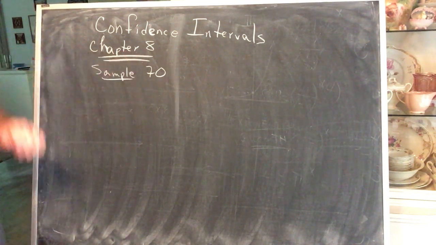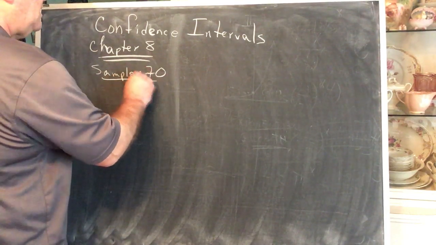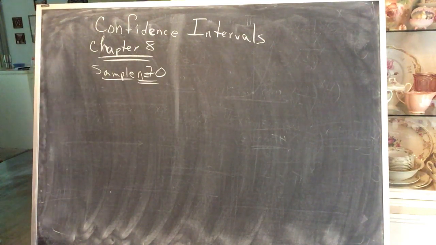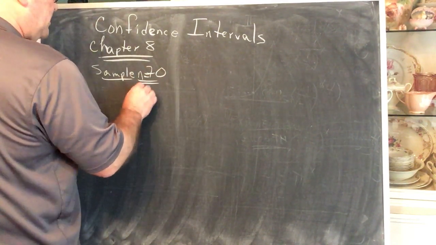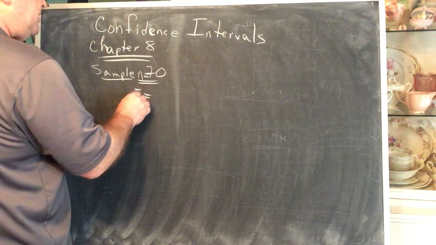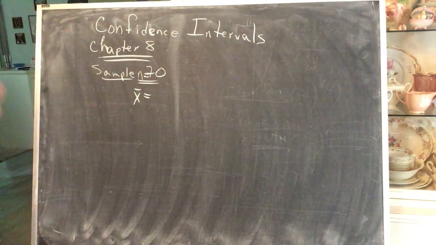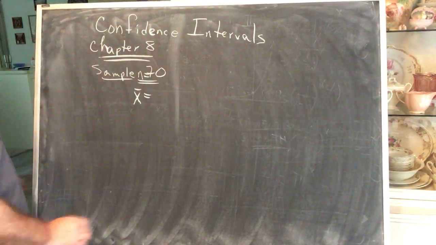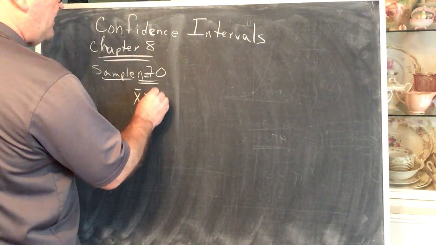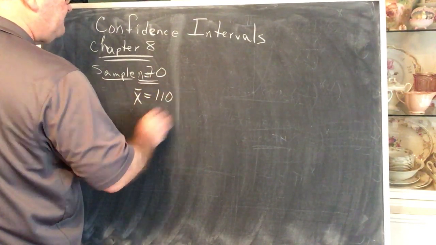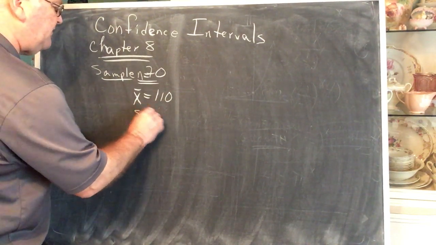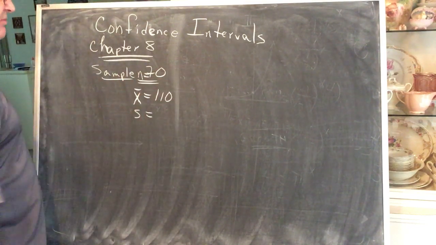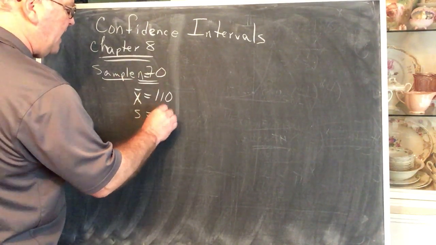And so if we take our sample of n equals 70 calves, and I'm just going to make up numbers out of the blue sky, let's suppose that our sample mean is computed to be, and again, I have no idea what a reasonable number is, so I'm just going to slap a number down here and not worry about the accuracy or the units. Let's suppose that value is 110. And let's suppose the standard deviation we compute from our sample is, again, a number out of the blue sky, let's say 9.1.